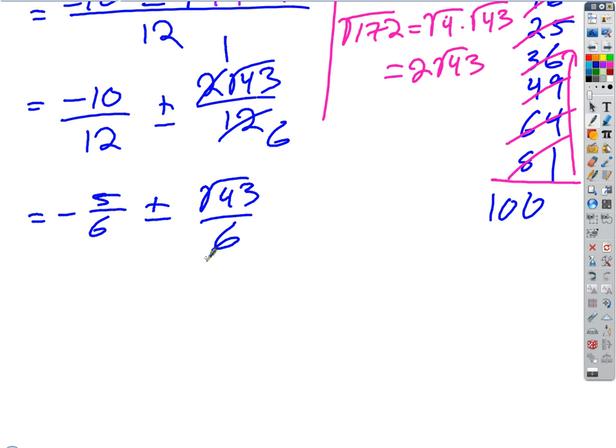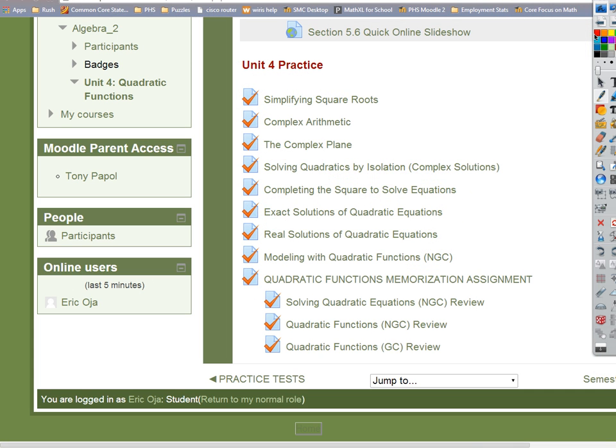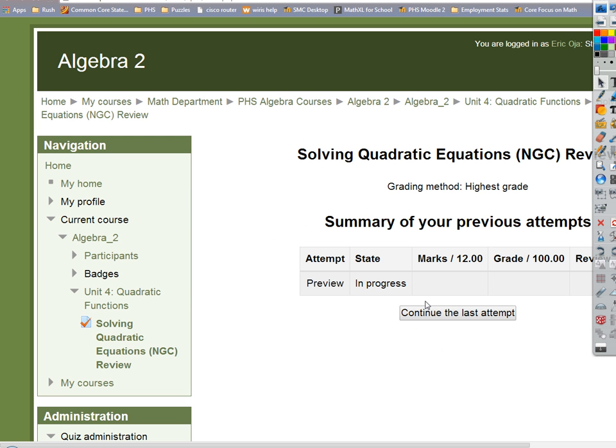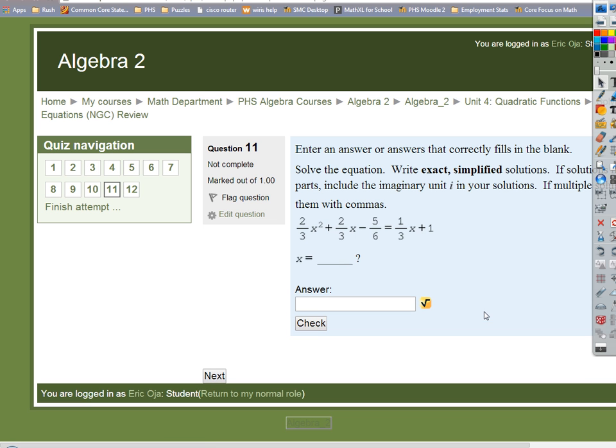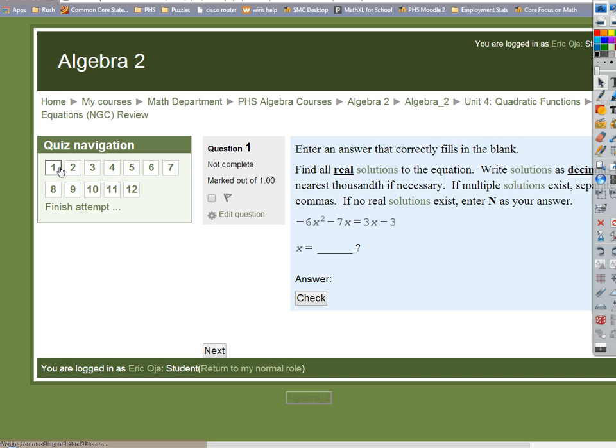Well, here, let me pull one up so you can see the instructions a little better. Okay, so I think maybe this is the one that we were actually doing.